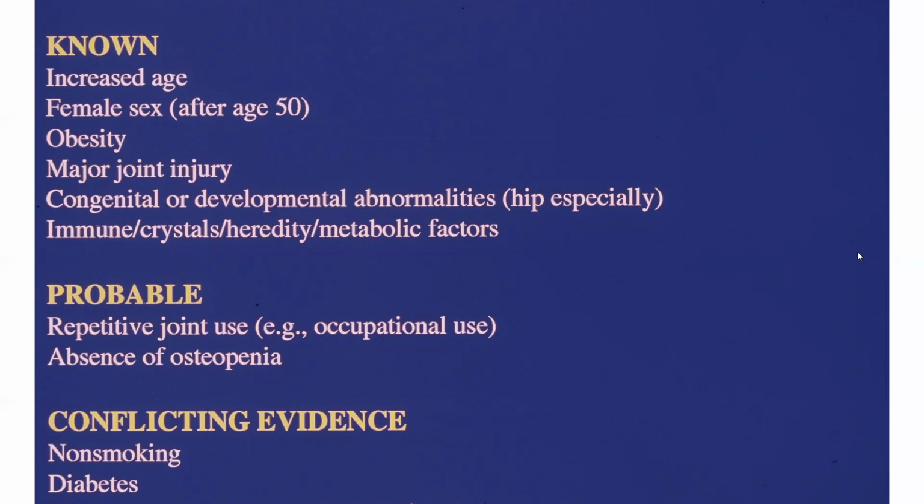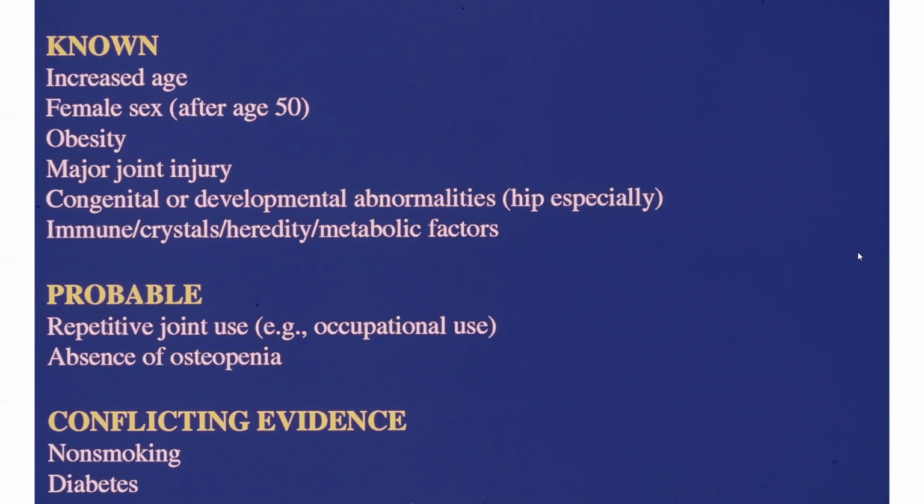A major joint injury, particularly a fracture which penetrates into the joint space. Congenital or developmental abnormalities, particularly of the hip, and there are a number, such as congenital hip dysplasia, Legg-Perthes disease, which is necrosis of the growth center in childhood, and so forth and so on.